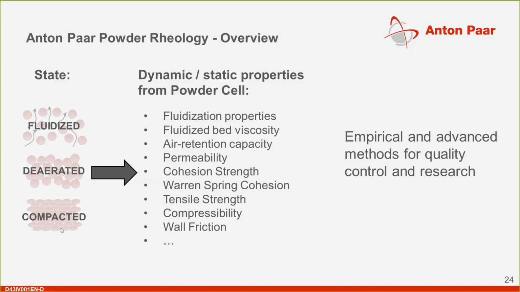This can also be used to look at the bulk density, so to see how the bulk density will depend on the different normal stress. It's also possible to measure the wall friction, and there are also a few other properties that can be measured. So this basically allows empirical and qualitative analysis of samples. So it's basically a mix of different possibilities for measuring samples.